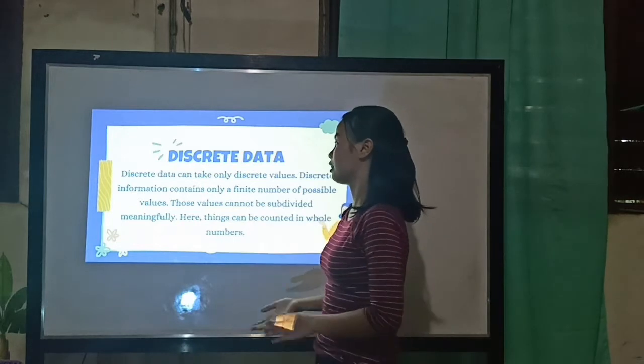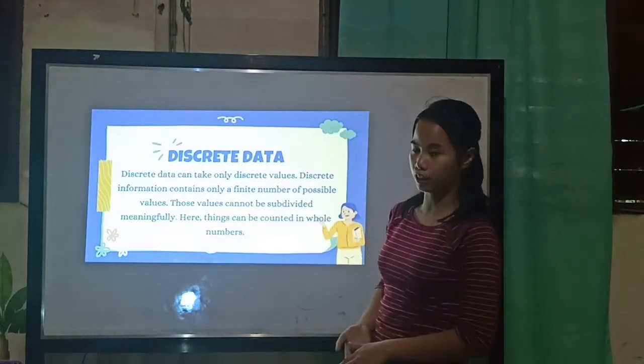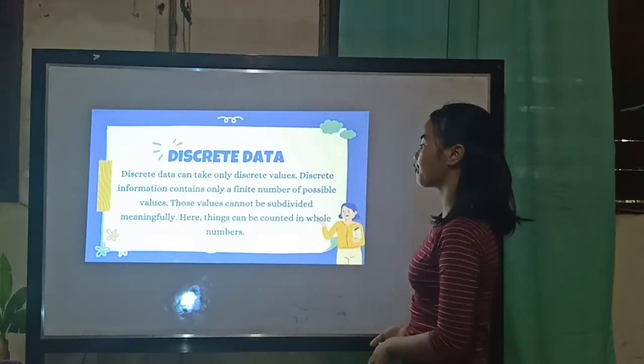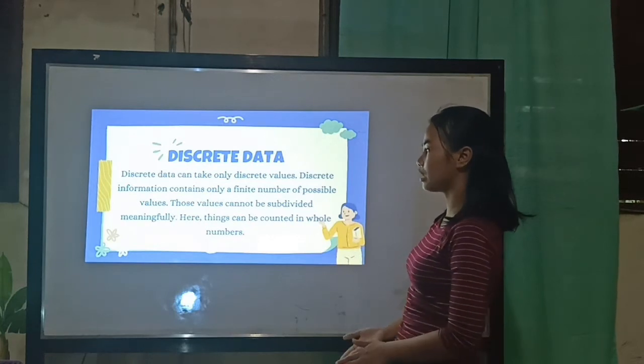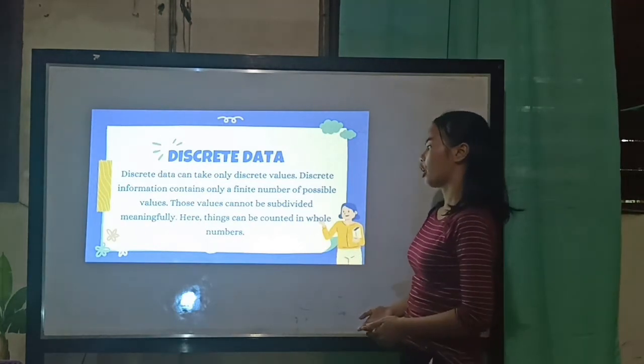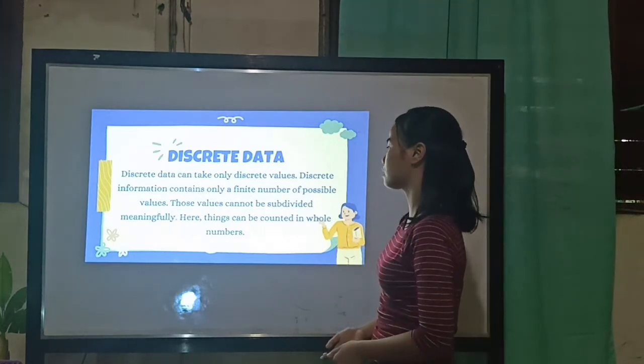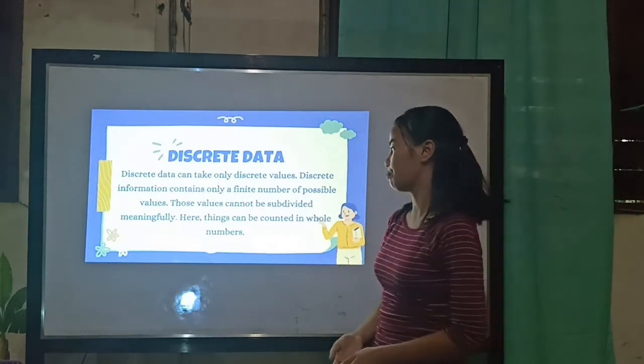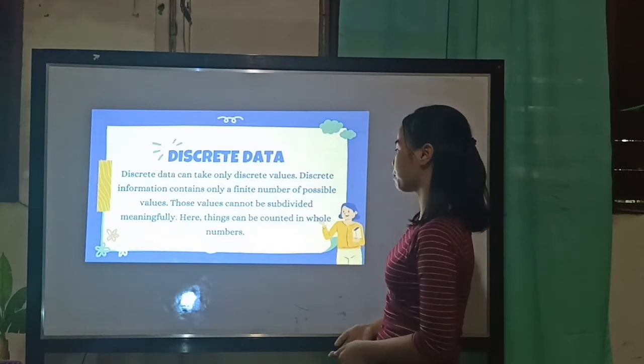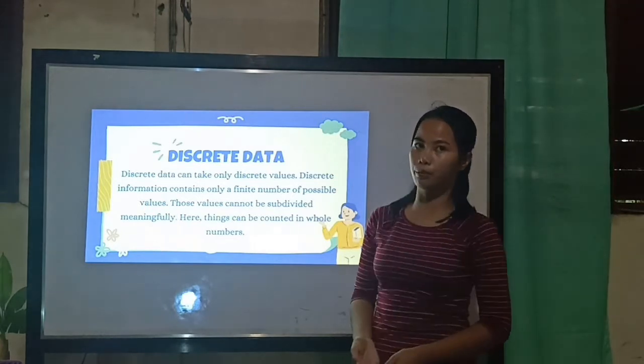Discrete data contain only discrete values. Discrete information contains only a finite number of possible values. Those values cannot be subdivided meaningfully. Here, things can be counted in whole numbers.